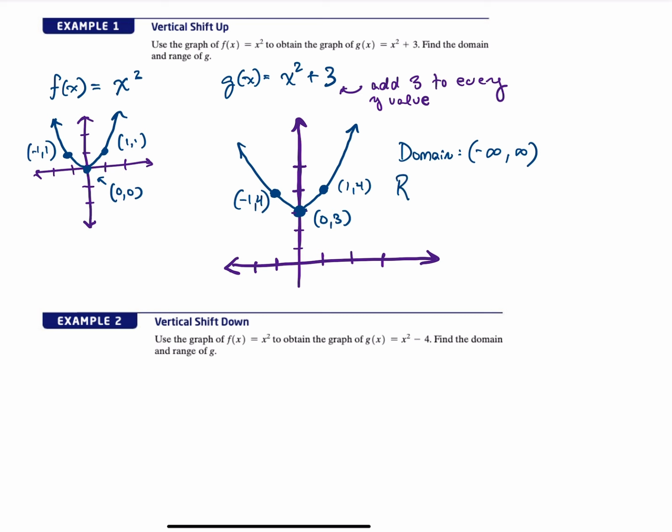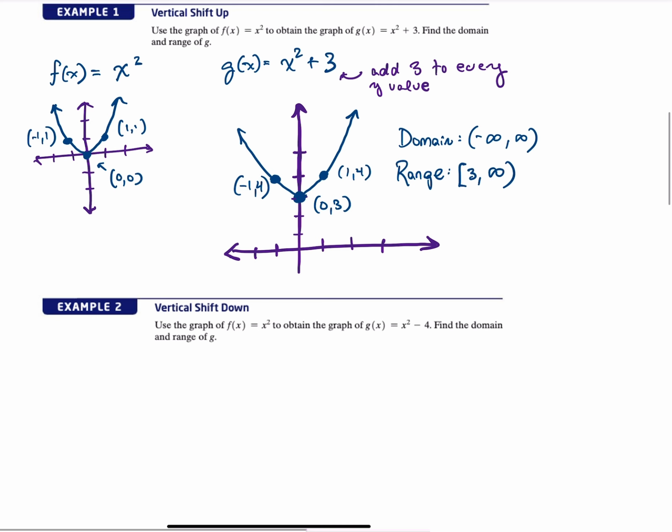We can say the range is from 0 to, I'm sorry, not from 0 now, from 3 to infinity. So the range has been shifted up because all y values have been shifted upwards. So that's a vertical shift up.